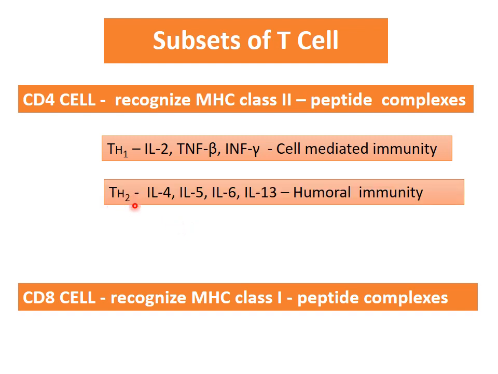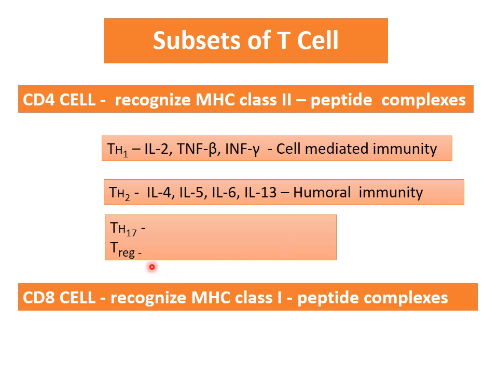Another type is TH2, which releases interleukin 4, 5, 6 and 13, and it is involved in humoral immunity for the activation of the B cell, proliferation and differentiation of the B cell into the plasma cell and memory cell, and to synthesize the specific antibody.